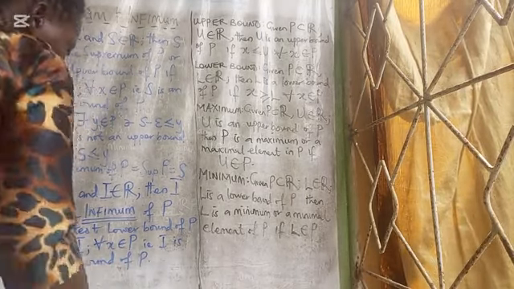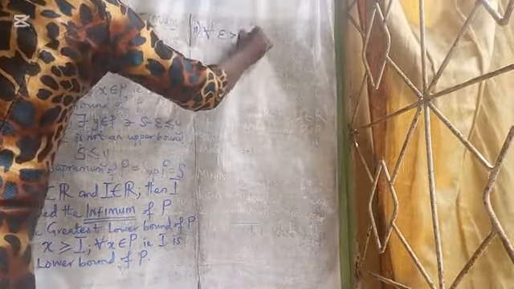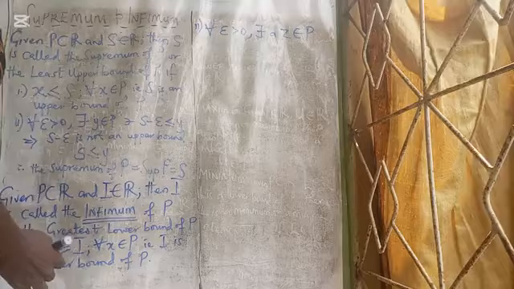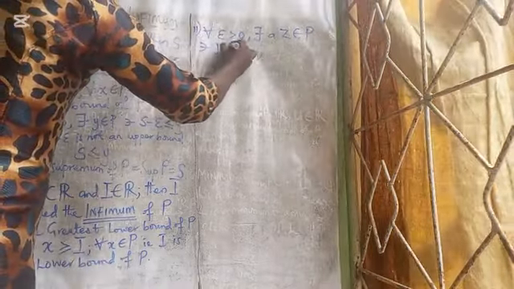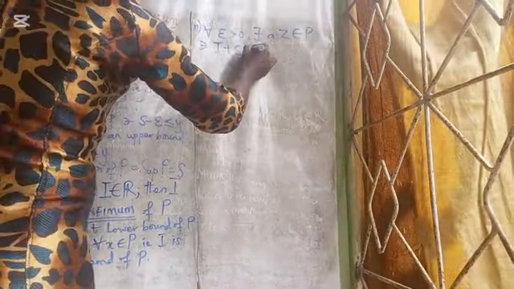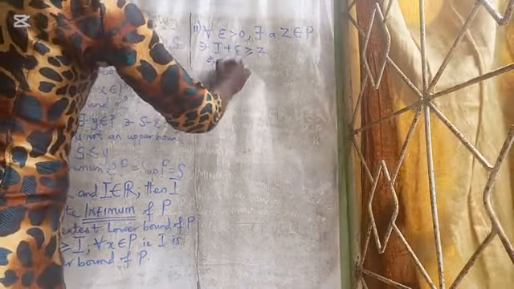of P. More than that now, for all epsilon greater than 0, there exists a Z contained in P such that I plus epsilon is greater than or equal to Z. And this implies that what?